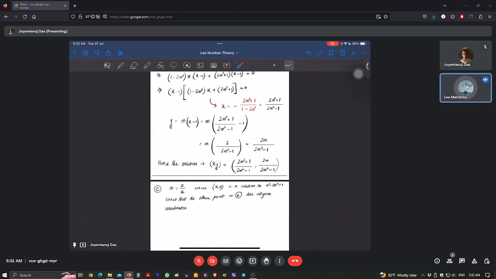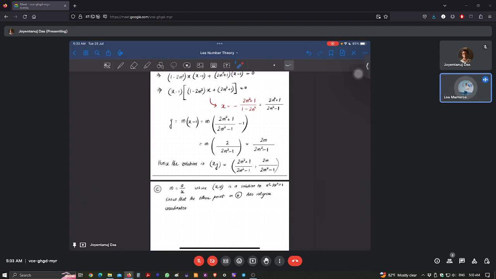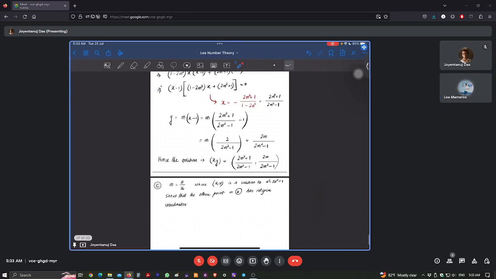In rational numbers we have fractions, like half, and that is not allowed. It is an integer. So maybe we can demonstrate that it is not a fraction. I think it is not difficult.